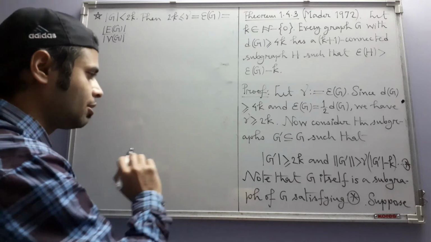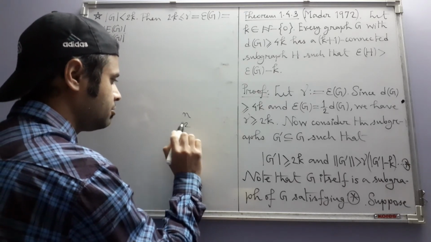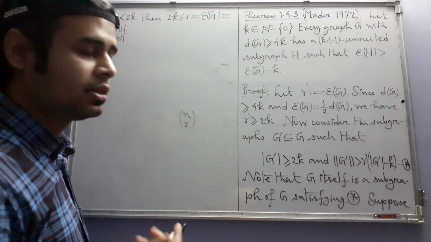If all the vertices are adjacent, the number of edges is n choose 2.